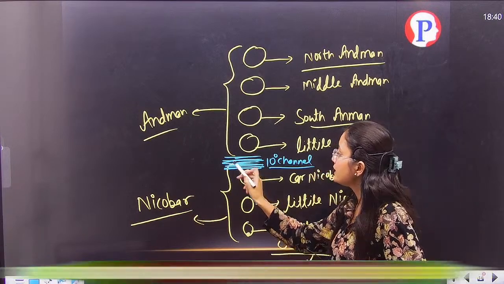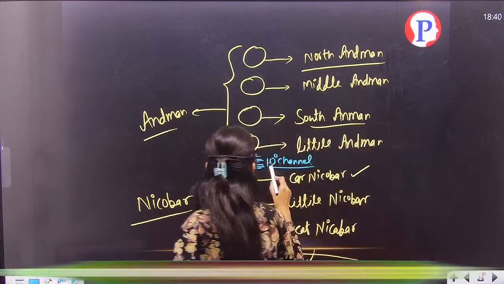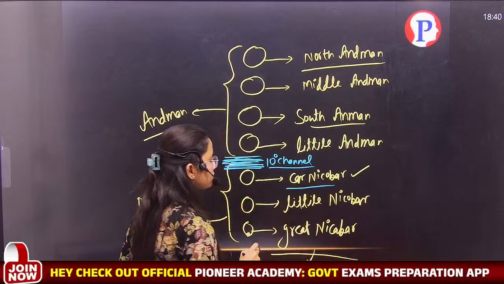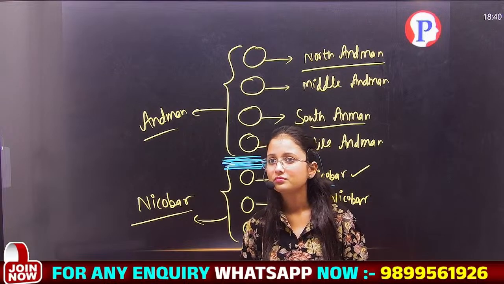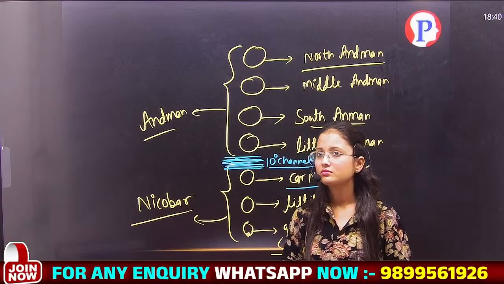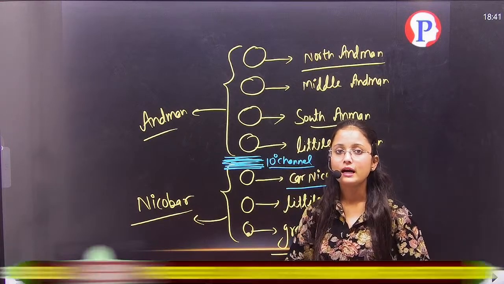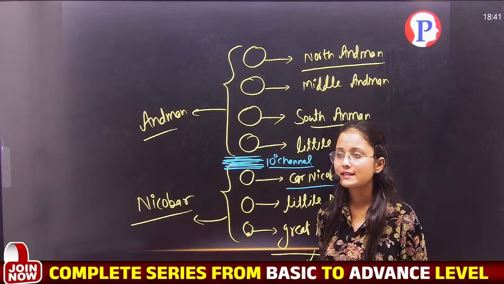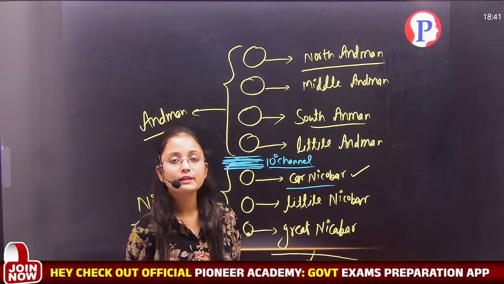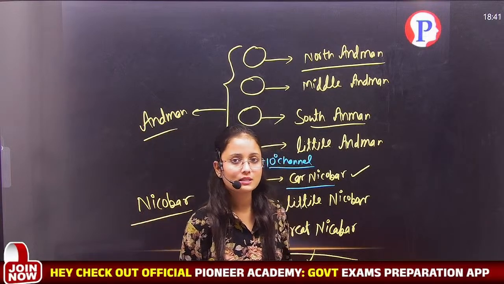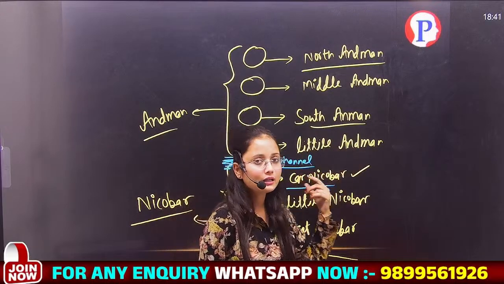So the 10-degree channel separates Little Andaman and Car Nicobar. When an examiner asks which channel is located between Andaman and Nicobar, you will have to answer that it is the 10-degree channel, located between Little Andaman and Car Nicobar.